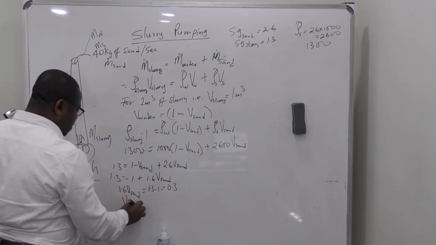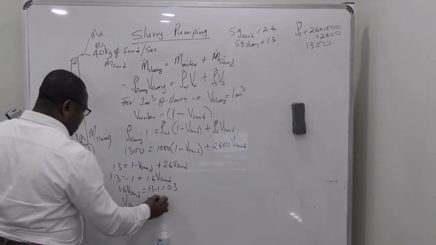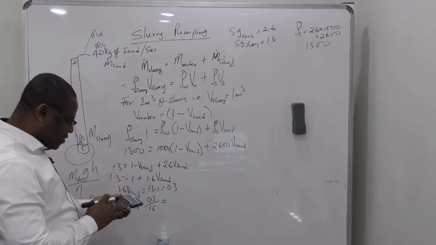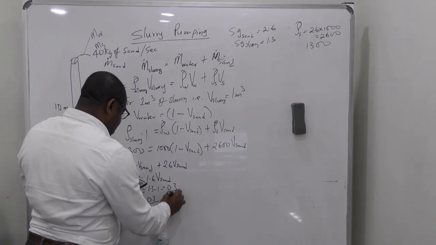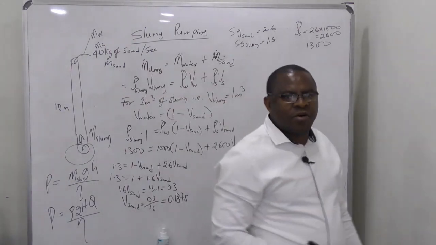V sand is 0.3 over 1.6. Dividing 0.3 by 1.6, you get about 0.1875.